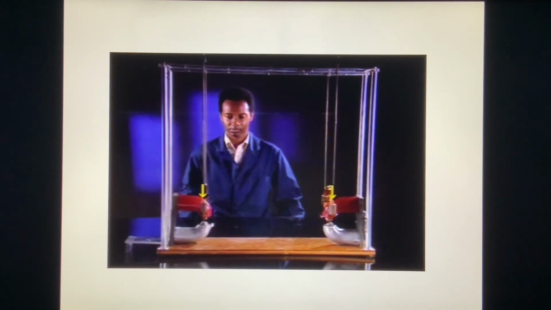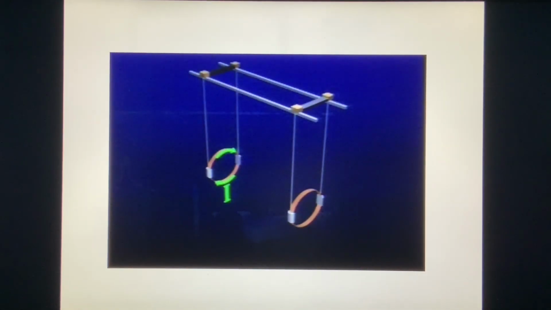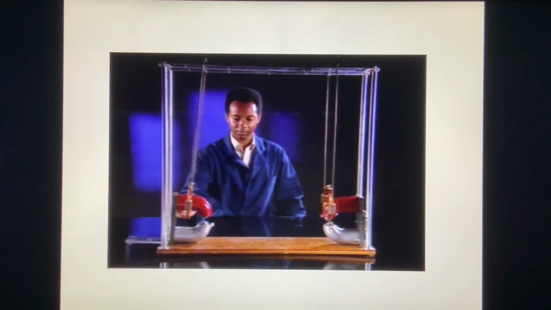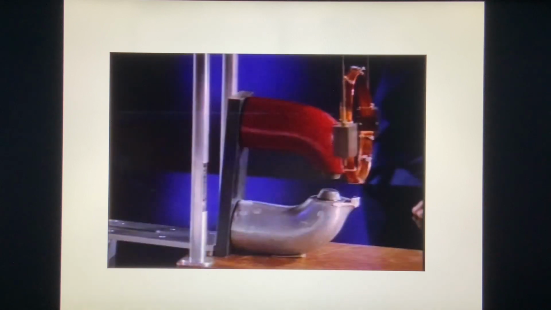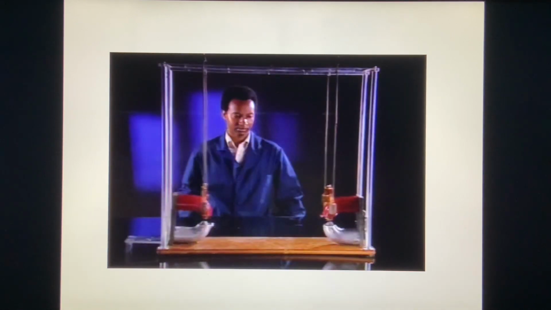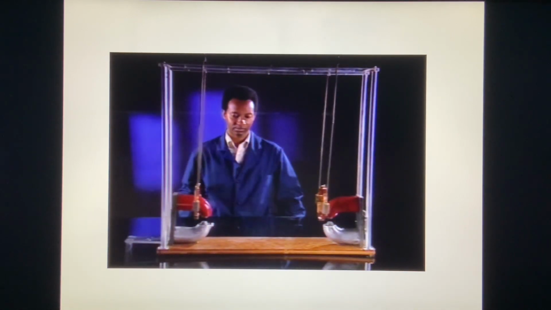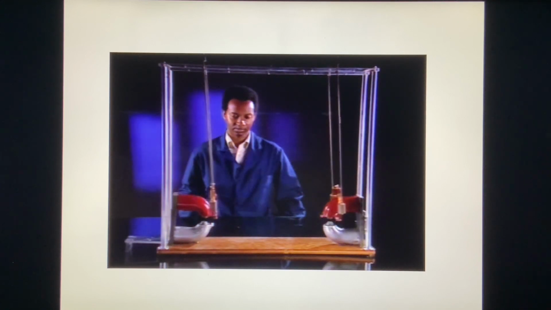These two coils of wire are suspended from pendulum arms. The coils are electrically connected through these steel rails, so that any current flowing in one coil must also flow through the other. When one of the coils is swung in the magnetic field of a large horseshoe magnet, the other coil also begins to swing between the arms of its own magnet.